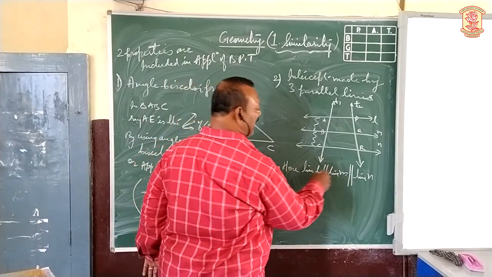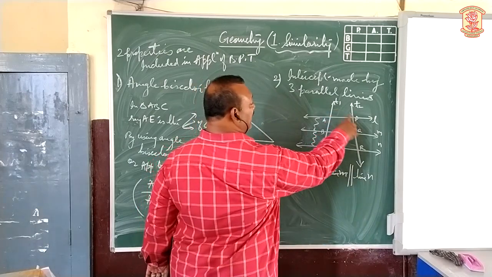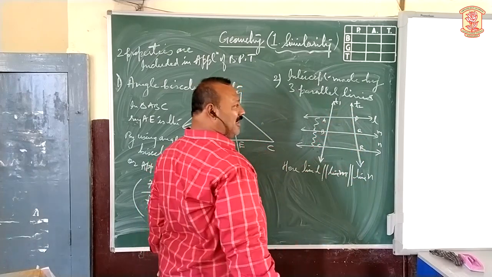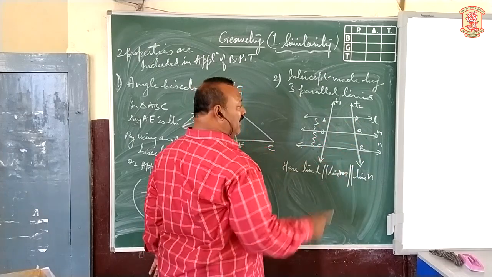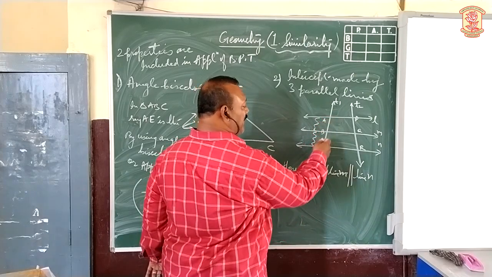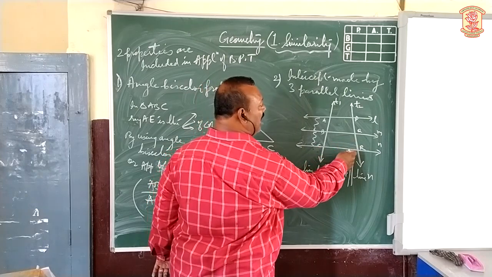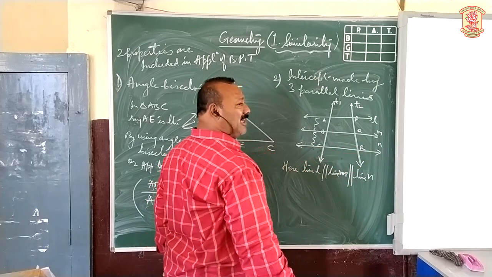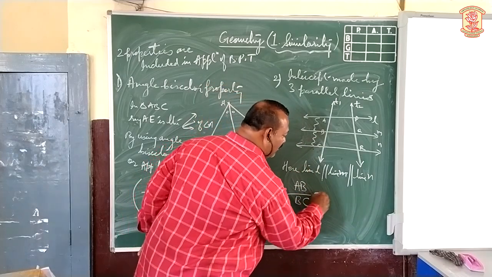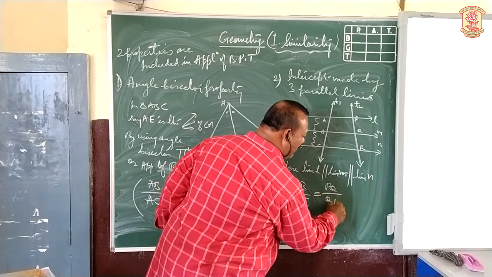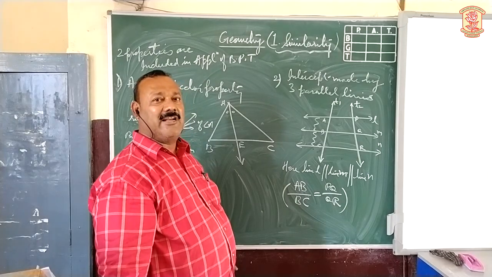When L is parallel to M, and M is parallel to N, and these three parallel lines intersect two transversals T1 and T2, in points A, B, C and in points P, Q, R, then the theorem says the intercept made by the three lines on one transversal also equals the intercept made on the other transversal by the same three parallel lines. For example, we can write AB upon BC also equals PQ upon QR. This is the main property involved in three parallel lines and their intercepts.